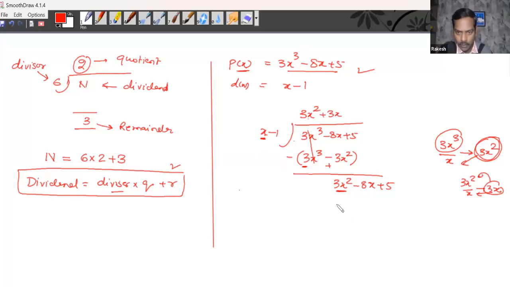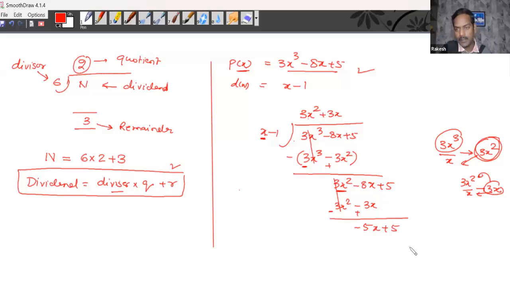Again, x into this I'll be getting 3x squared. Minus 1 multiplied by this, I'll be getting minus 3x. Again, this will be with a minus sign, so this will become minus and this will become plus, the resultant. This will get cancelled out, minus 8x plus 3x, I'll be getting minus 5x plus 5. I'm just retaining the leftover.